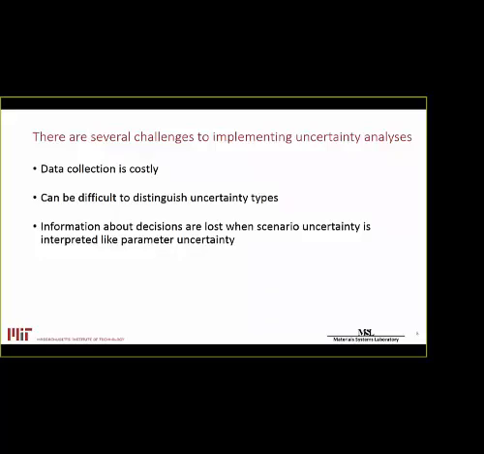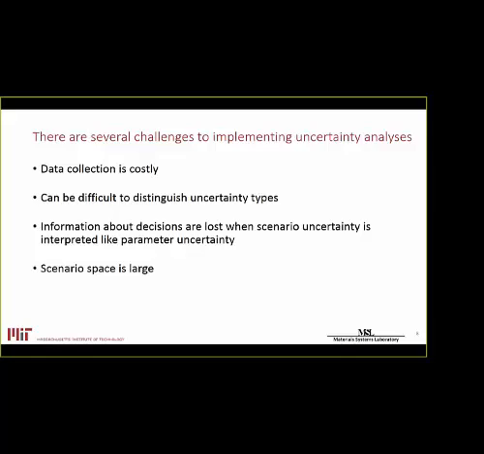There are different ways that we end up treating that uncertainty, and the way that we characterize it is different than how we want to treat scenario uncertainty, which is more about the choices that we make. Sometimes we group those together, and we lose that sense of what the implication of those specific choices is, as opposed to uncertainty associated with the parameters. So, like I said, some of that is inherent variation.